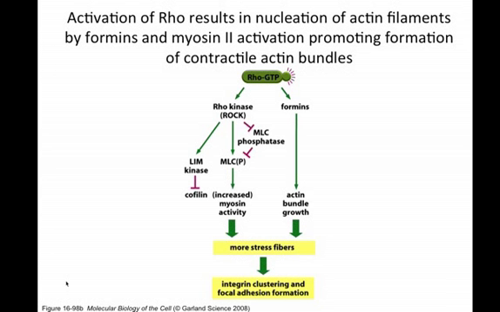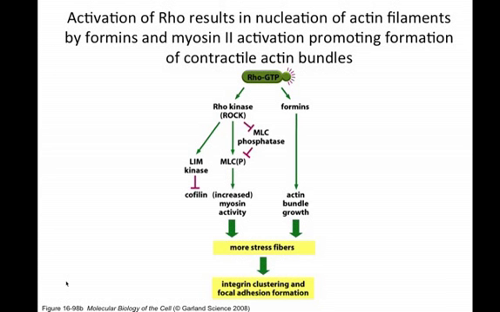So the Rho family makes a foot that goes out. I like that. I was trying to think of a way. Right, the Rho family is activating other proteins that form these protrusions that are associated with things like cell movement. So that's an example.